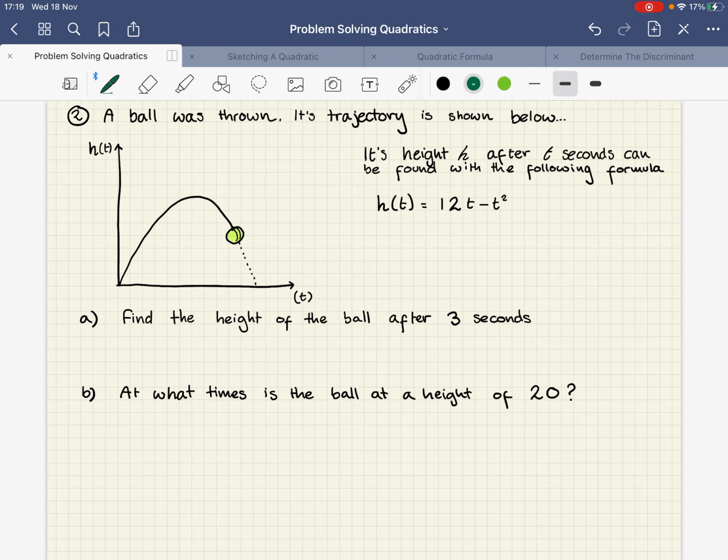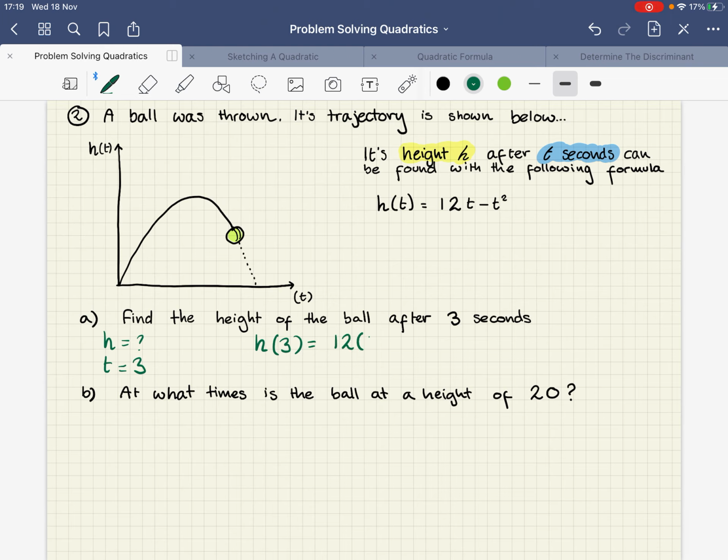So, the key thing to make sure you pay attention to is what each letter stands for. h refers to our height and t refers to the time. So in part A, we are being asked to find the height, so the thing we don't know is h, but we are told that the time is 3 seconds. Taking my formula, I want to substitute 3 in where I've got my t.